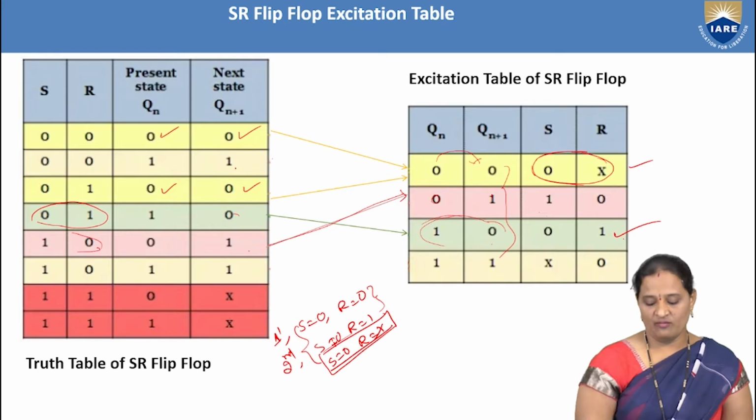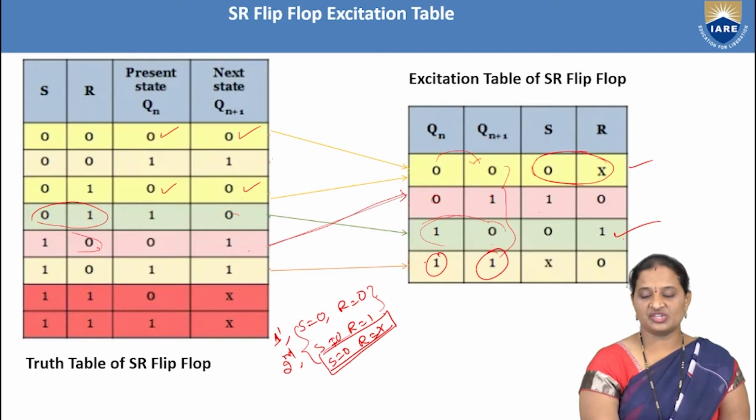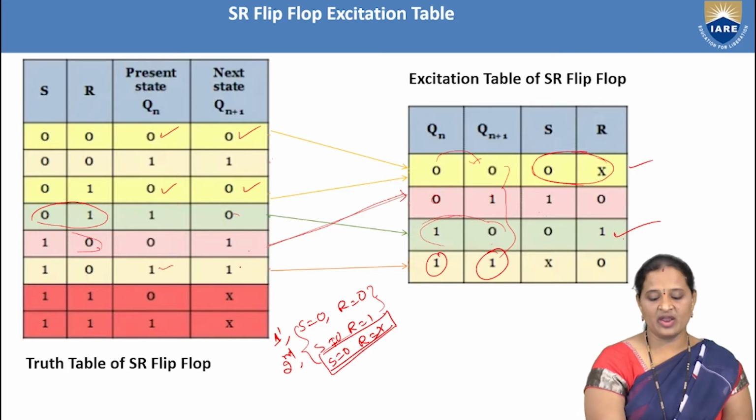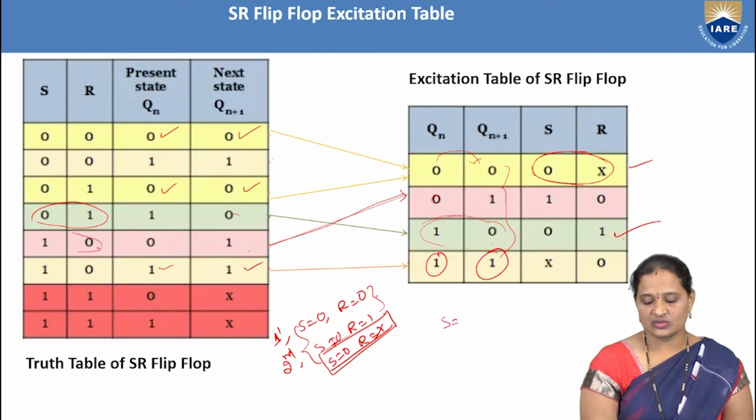Next one, 1, 1. Present state is 1, next state is 1. If you observe the truth table, we have this combination for which the present state is 1 and next state is 1, where the input S is equal to 1 and R is equal to 0.